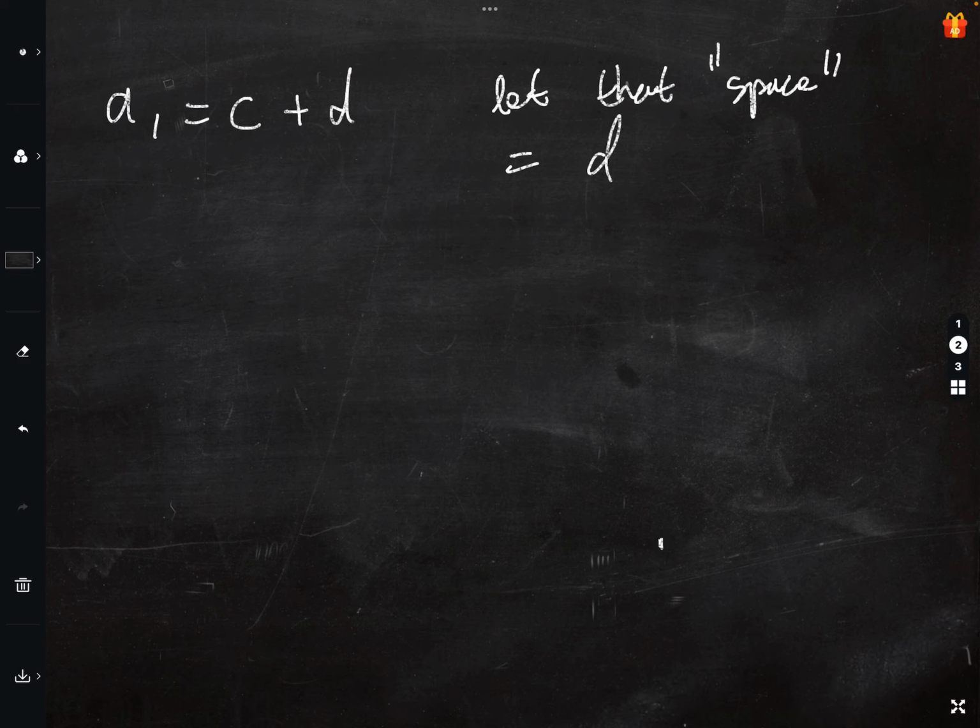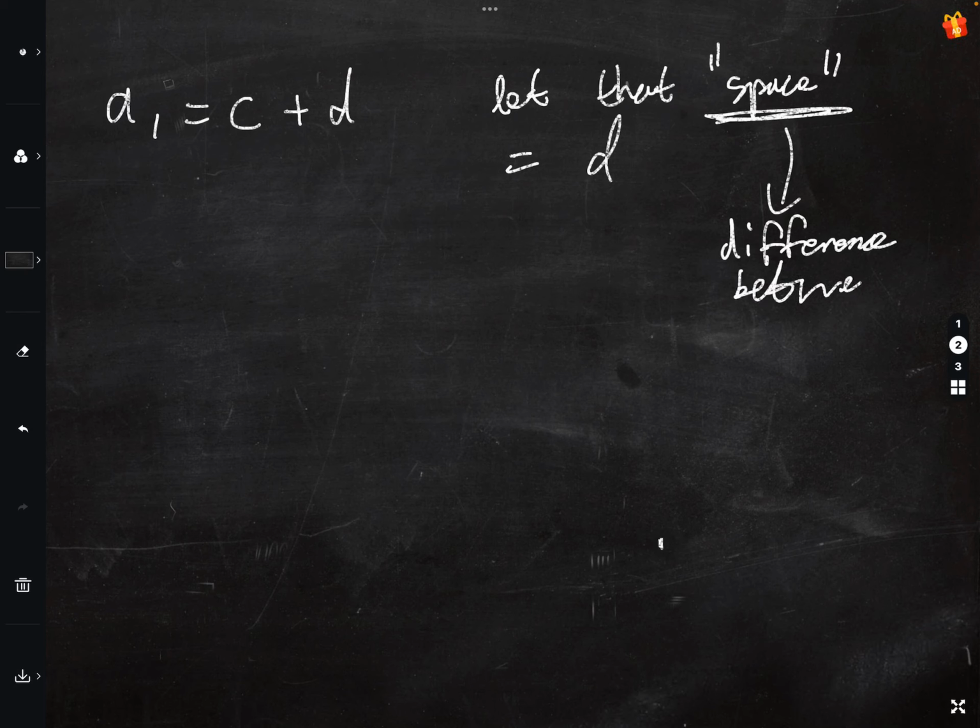And now from that we would also know that, since every term and the next term differ by d, since we let that space be equal to d, the space is also the difference between the terms. Right?